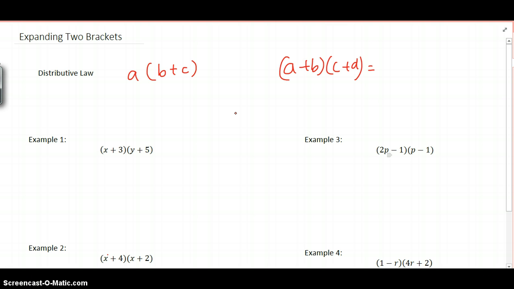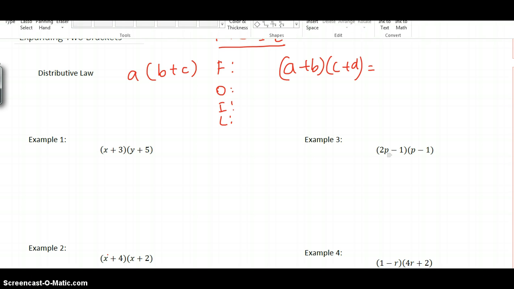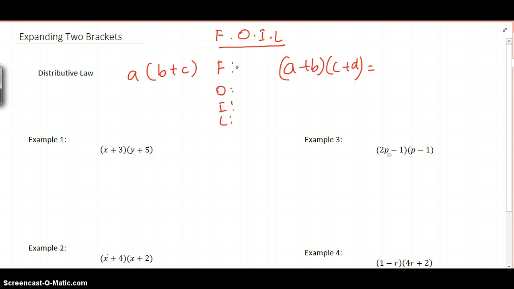So one way we work out this particular expression when we have an expansion like this is by using, I like to use the acronym FOIL. The reason why I say FOIL is because it stands for a set of operations that you can do.